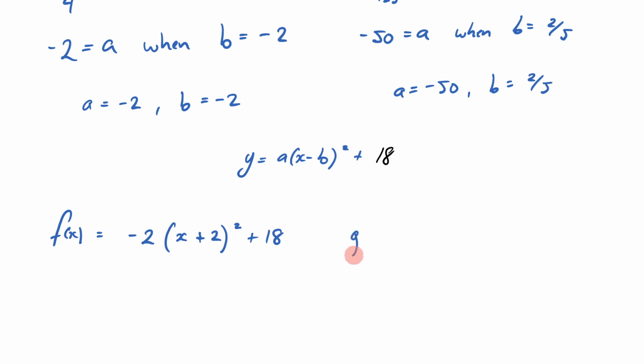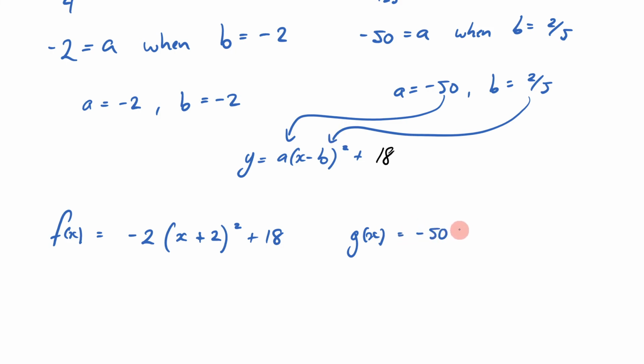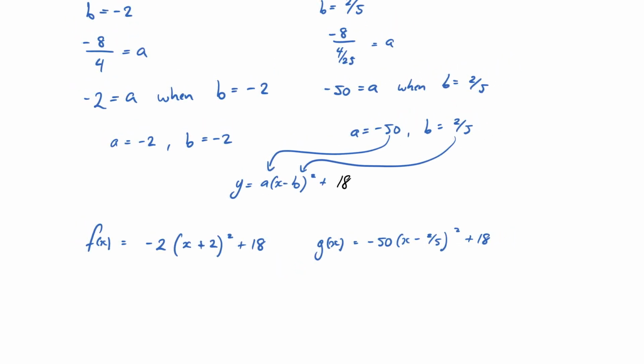And then I'll do the same for g of x. So I'm going to take this and plug it in there, this and plug it in there. That's going to end up with negative 50(x minus 2 on 5) squared plus 18. And we're done.